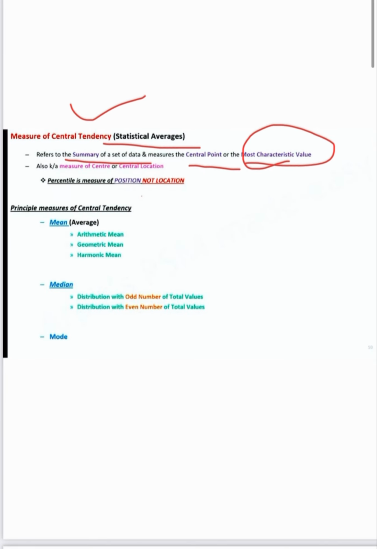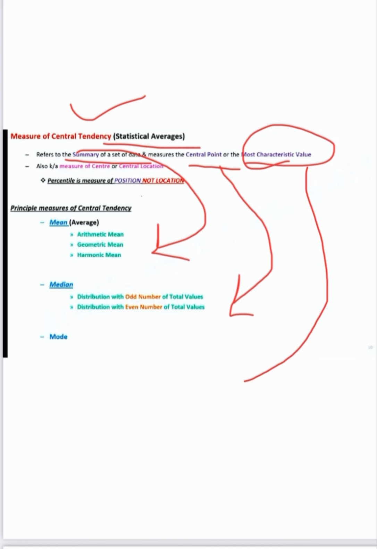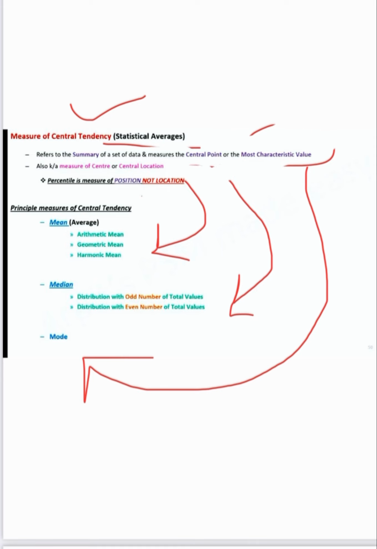So here three words are important: summary refers to the mean, central point refers to the median, and most characteristic or most frequent value refers to mode. Okay.